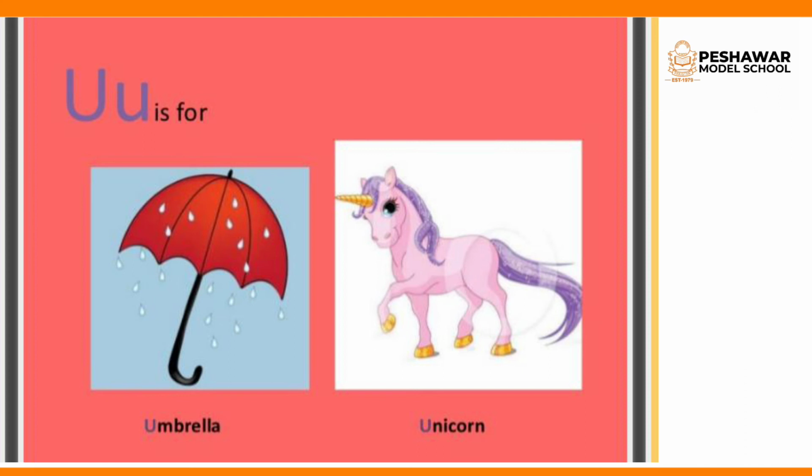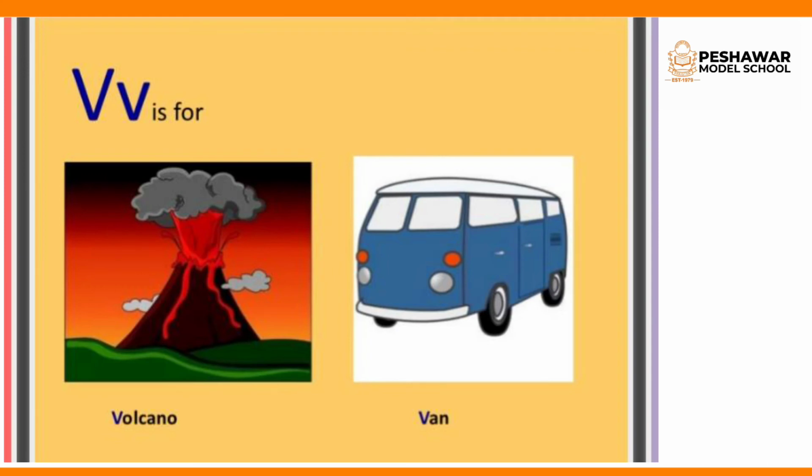Moving towards our next letter, capital V, small v. What is the sound of V? The sound of V is V. Our first word is volcano.